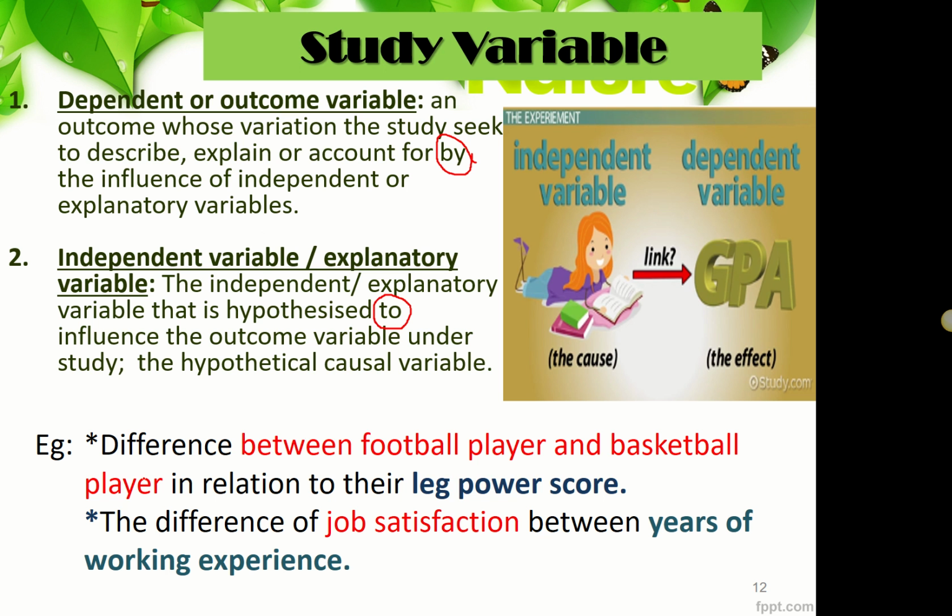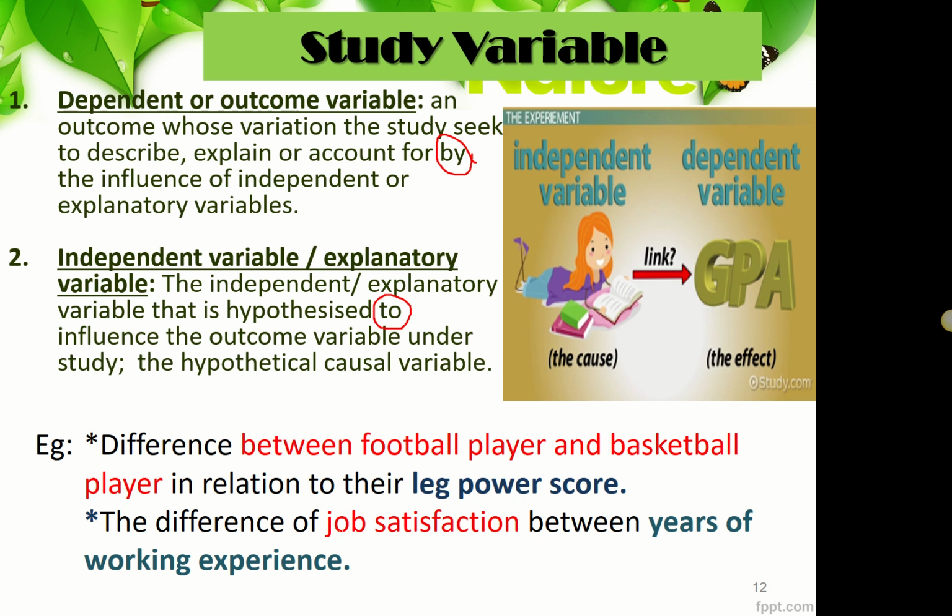So this is an example of a research objective that you can look into. Regarding your research objective, you need to verify that you have those variables. You must have those variables. For example, we are looking into the difference between football player and basketball player in relation to their leg power score.